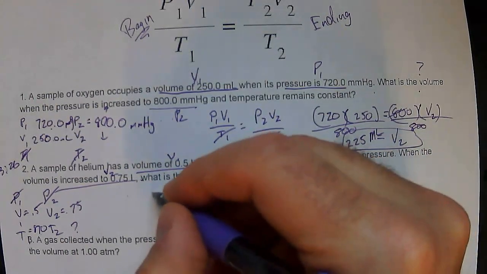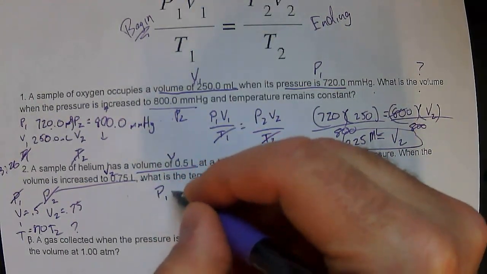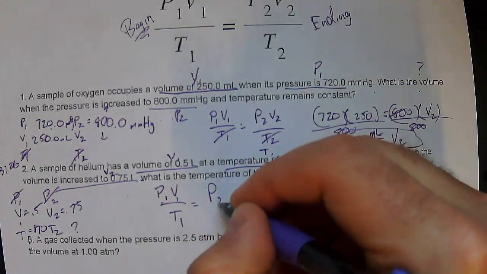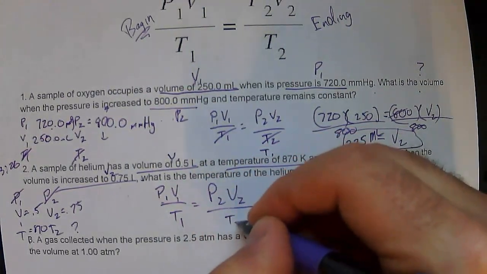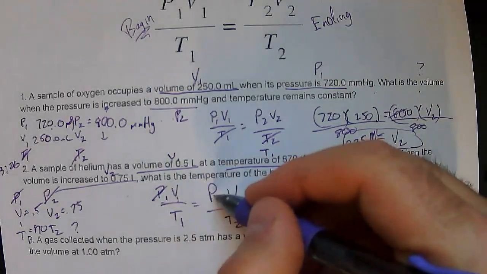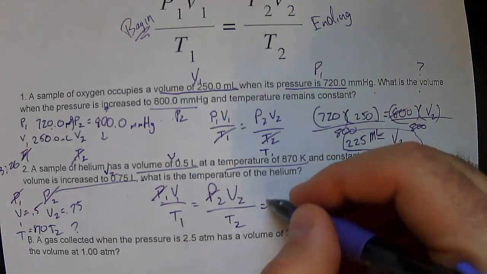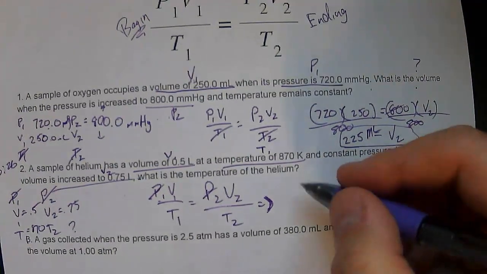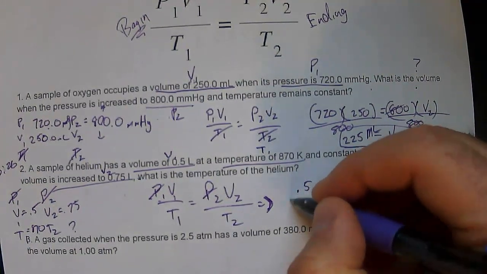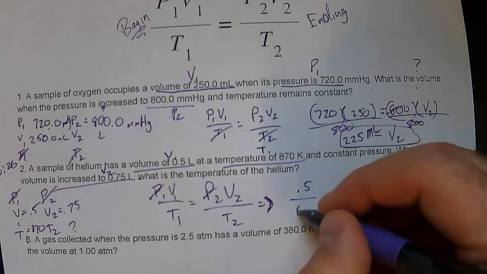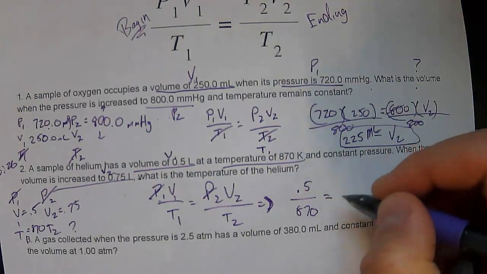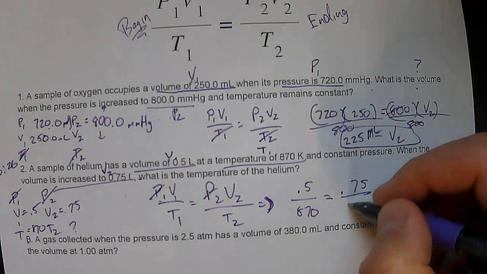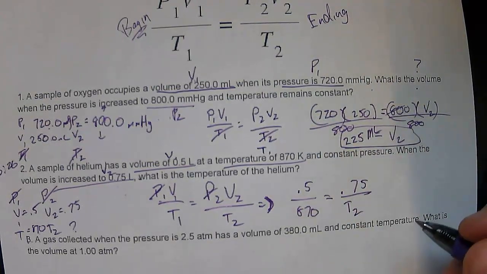Again, we write the combined gas law, P1 V1 over T1 equals P2 V2 over T2. Because we don't have pressure, we get rid of this. When we plug it in, we get 0.5 over 870 equals 0.75 over T2.